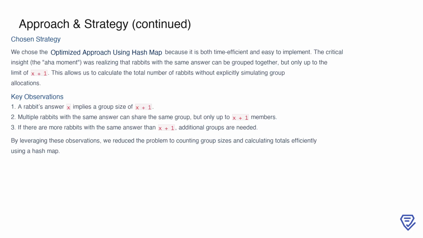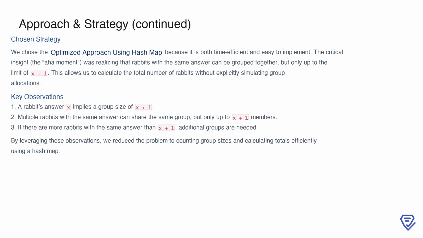and simplicity. The key realization that drives this strategy is that a rabbit's answer x defines a group size of x plus 1. Rabbits with the same answer can share a group, but only up to this limit. If the number of rabbits with the same answer exceeds the group size, additional groups must be formed. These observations allow us to avoid simulating group allocations explicitly.